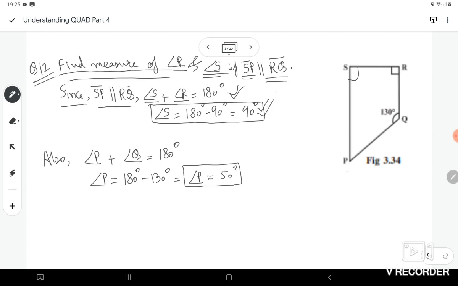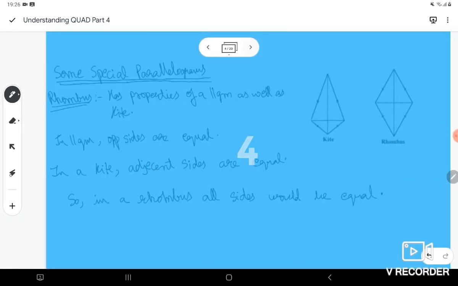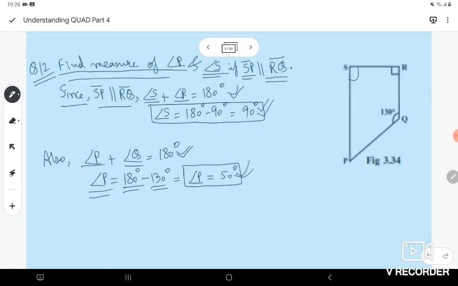So angle S is nothing but 90 degrees. Also angle P plus angle Q would be equal to 180 degrees using the same property. So angle P would be equal to 180 degrees minus 130 degrees. So angle P comes out to be equal to 50 degrees.